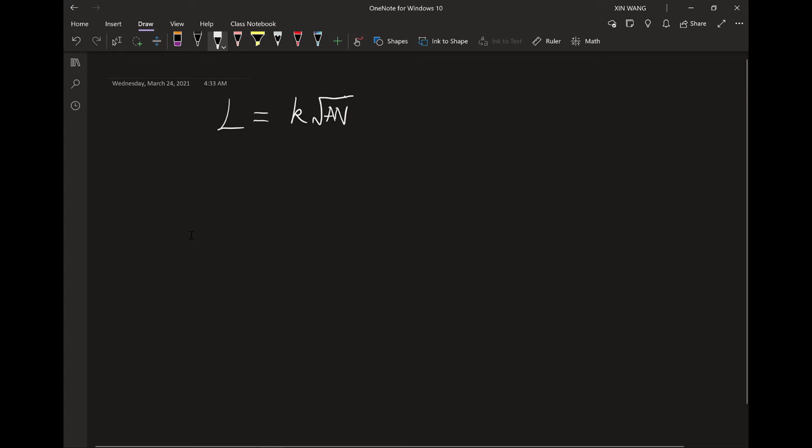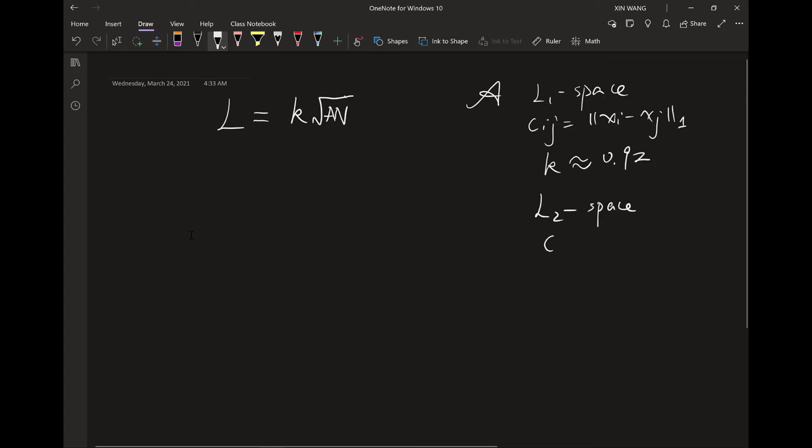In fact, the literature shows that for the L1 metric, which means the distance is a summation of absolute value errors, when our space is given in L1 space, so the distance is the 1 norm, this k value is around 0.92. And if it is a Euclidean space, so your distance is the 2 norm or Euclidean norm, this k value will be a little bit smaller, around 0.72.